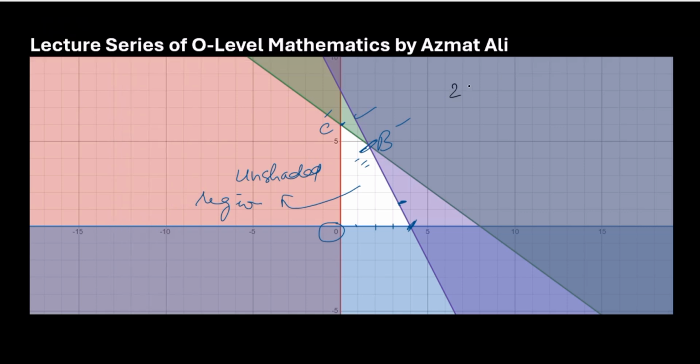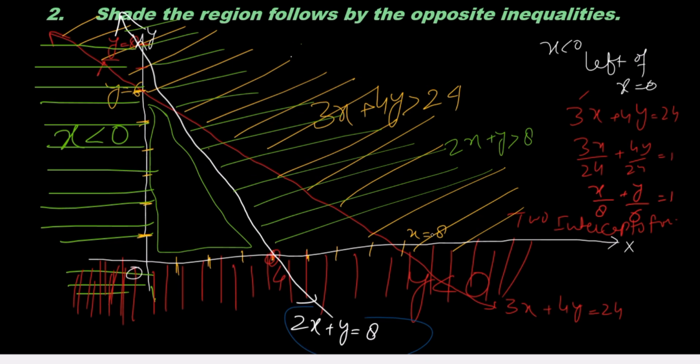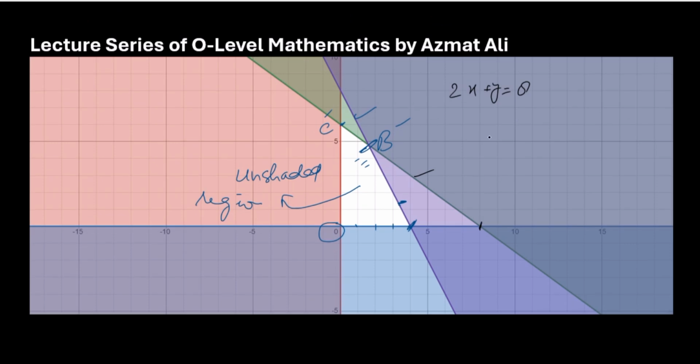And the other line, which cuts the x-axis at 8, is given by 3x plus 4y is equal to 24. So firstly we solve these two equations simultaneously and find the point of intersection, that is B.